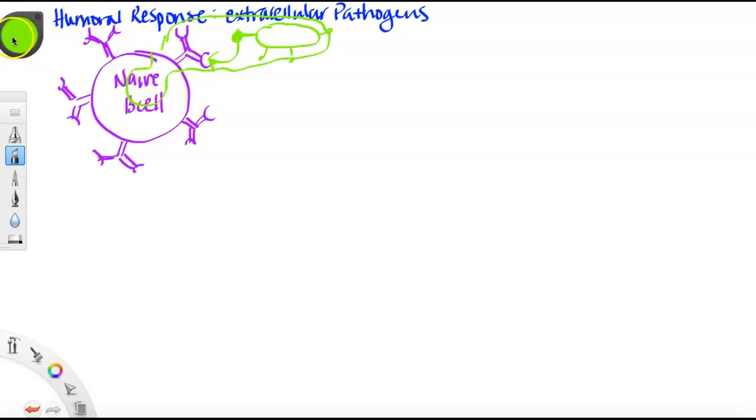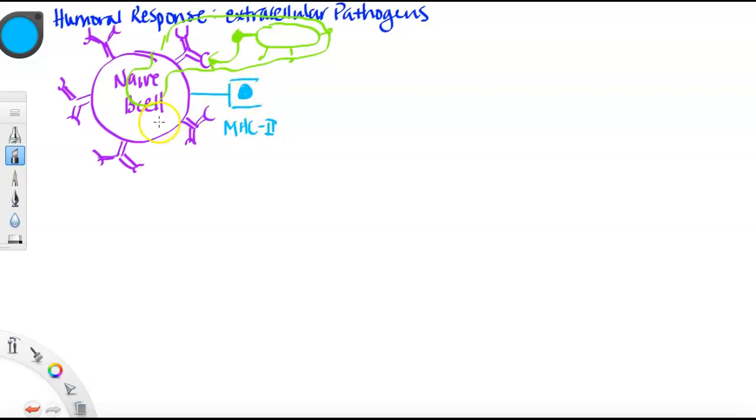And basically, it breaks down the pathogen into its protein parts. And what it does then is it takes those protein parts and posts them on a platform. And that platform, of course, is going to be an MHC2.